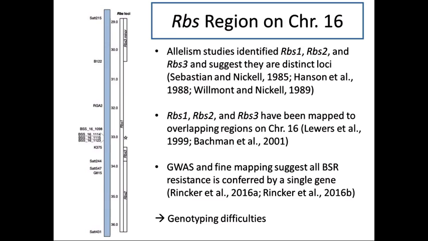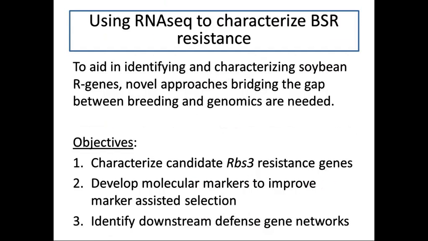So it's a very complicated and very confusing region. We have problems phenotyping for brown stem rot and problems genotyping for brown stem rot. This RBS region is not well defined. The traditional map-based approaches have not been successful in characterizing resistance. So we need something different, an approach that combines both breeding and genomic technologies to really understand BSR resistance.